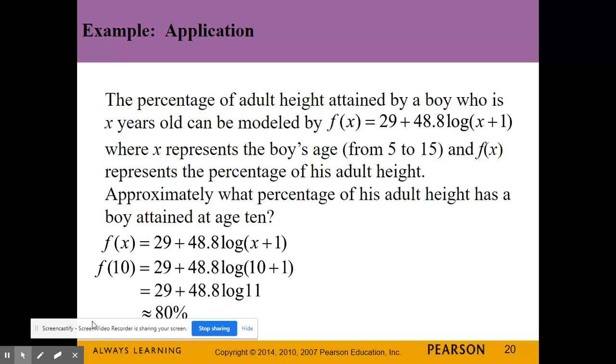So what you're going to do is substitute 10 in for x. They're giving you the function. You're just substituting 10 in for x. So 29 plus 48.8 log 10 plus 1. So now it's 29 plus 48.8 log of 11.